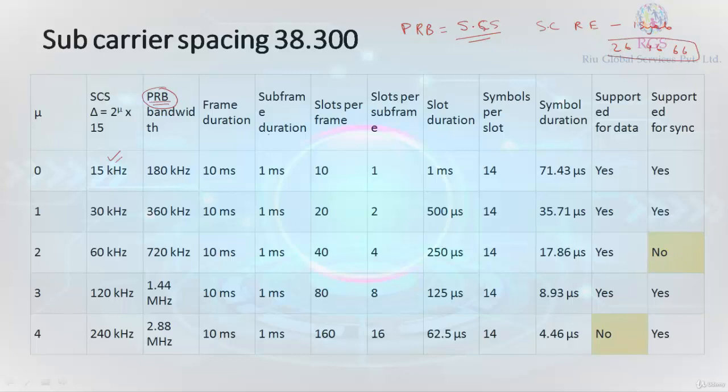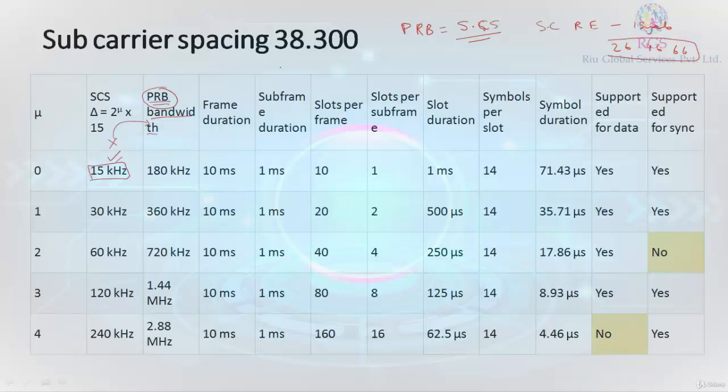That means it is too small for the scheduler to allocate to a given user. So what we do is we don't give the allocation on the resource element, but we give a bundle of resource elements put together, which are considered as one physical resource block.